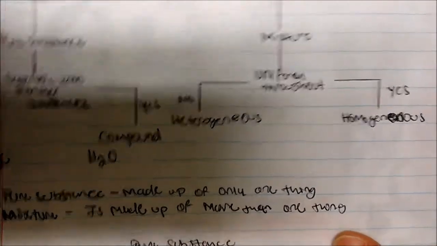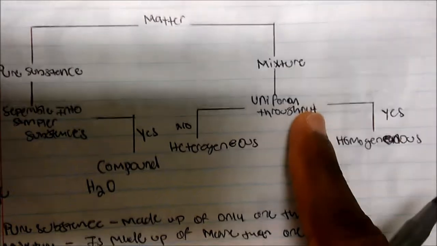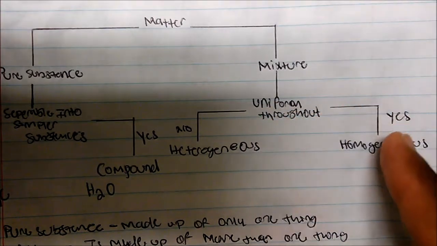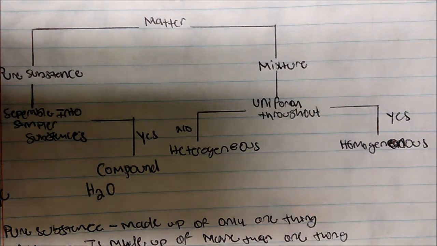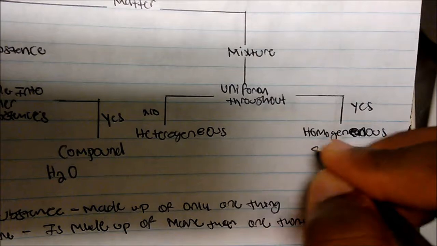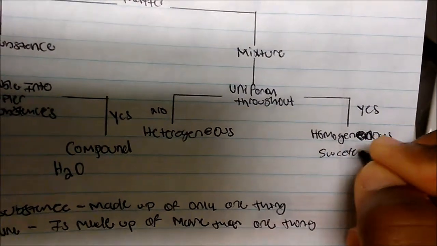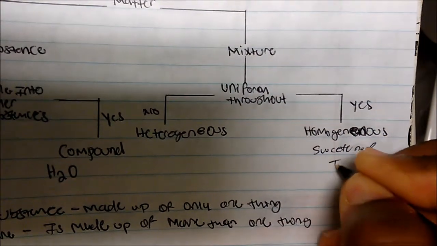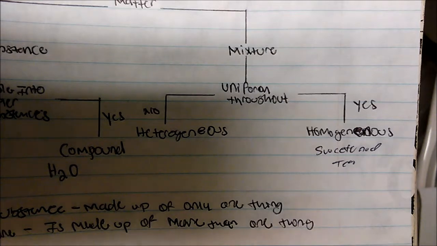Now on the mixture side, if it's uniform throughout, the answer is yes. That would be homogeneous. So what is an example of a homogeneous mixture? Well, that would be sweetened tea. Sweetened tea is a beautiful example because it appears to be one, which means that it's uniform throughout, but in fact it's made up of multiple things.